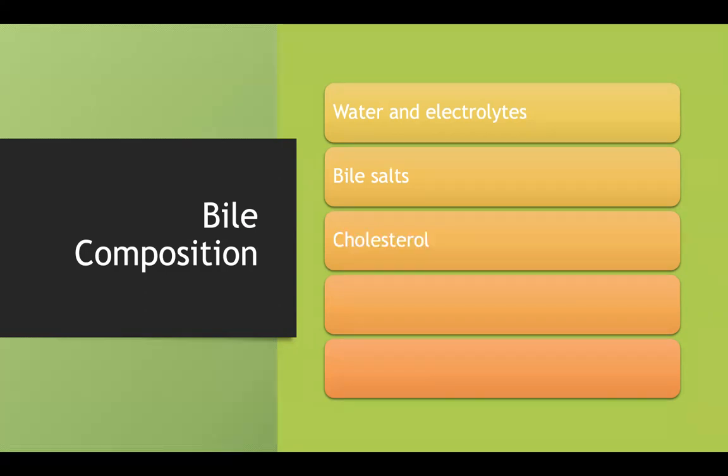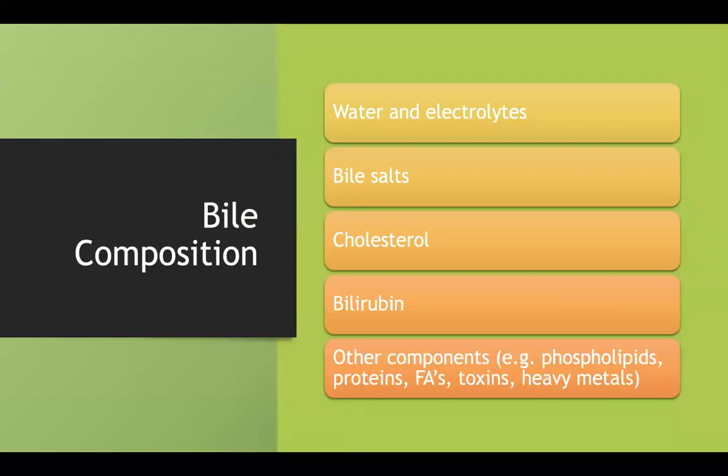But you can also have cholesterol and bilirubin within this, as we've discussed. And there are many other components in bile, less high-yield for Step, but I just want you to recognize that bile is a cluster of several important compounds, most notably the water, bile salts, cholesterol, and bilirubin.